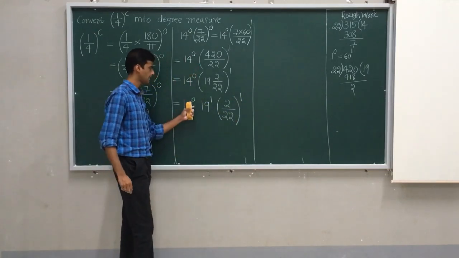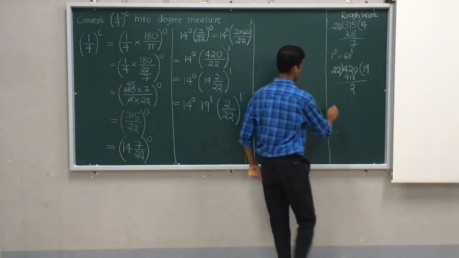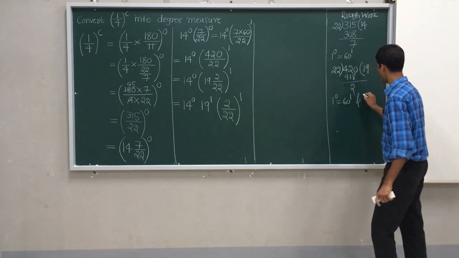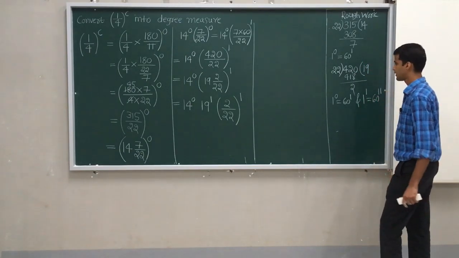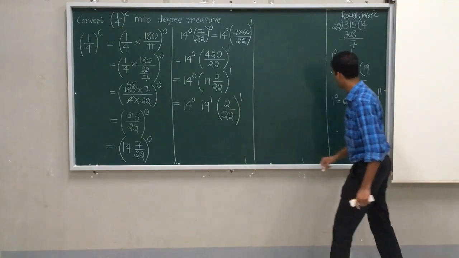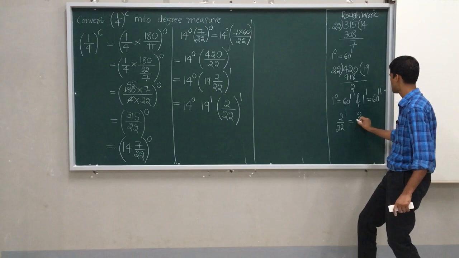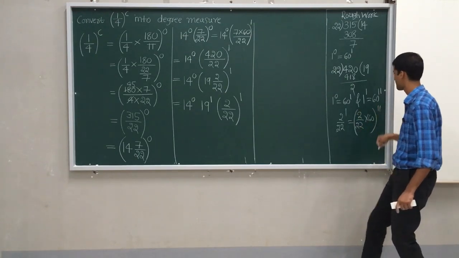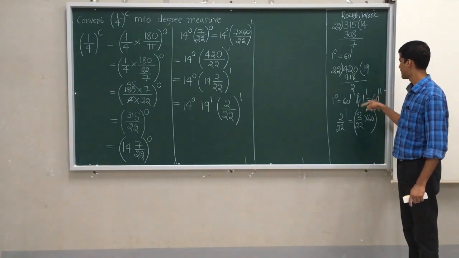So I got degree and minute. Only thing left is seconds. I know that 1 degree is 60 minutes and 1 minute is equal to 60 seconds. Now how about 2 by 22 minutes? 2 by 22 minute is equal to 2 by 22 into 60 seconds, because if 1 minute is 60 seconds, to get 2 by 22 minutes, multiply that by 2 by 22.